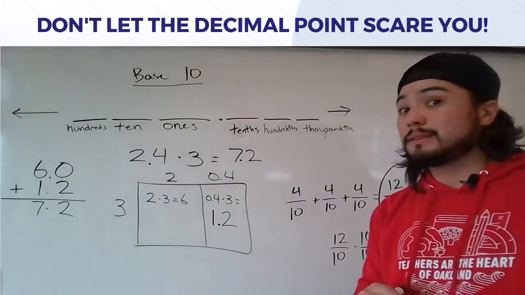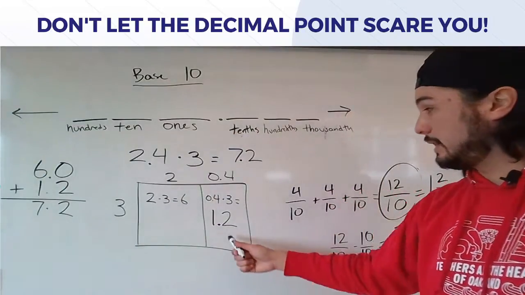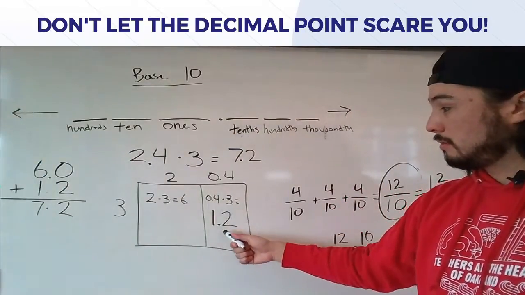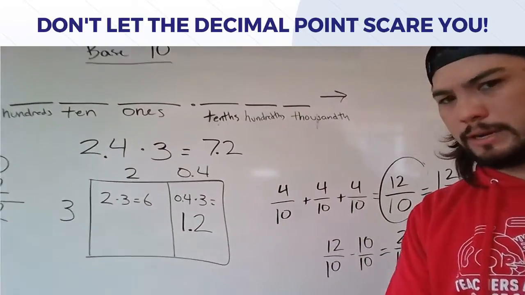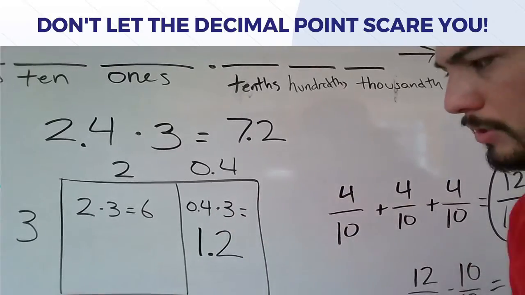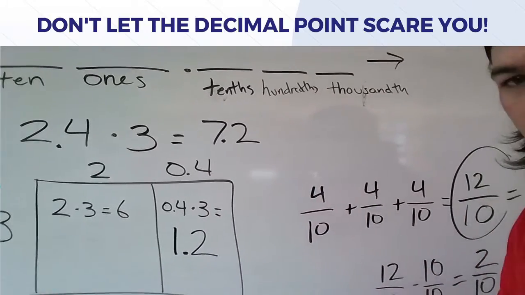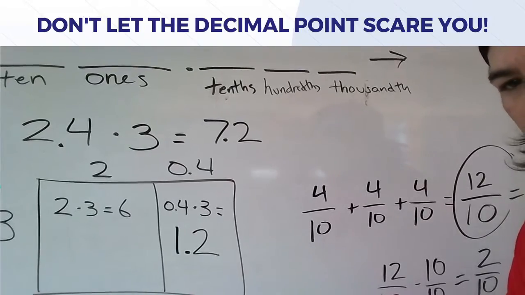Okay, this can become particularly useful, this idea of really thinking about 4, and one thing I'm noticing, zoom in on this here. 4 tenths times 3 equals 1 and 2 tenths. Do we see anything familiar in here?